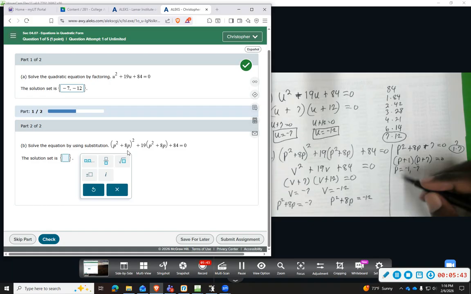For this expression, go ahead and write plus 12 equals 0. I'm moving that 12 over by adding it. Factors of 12: 1 and 12, 2 and 6, and again we want to add to get 8. 2 and 6 work.